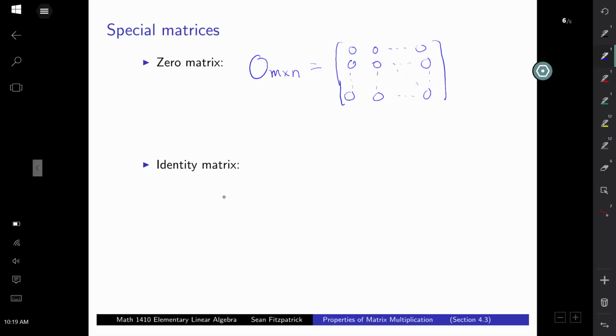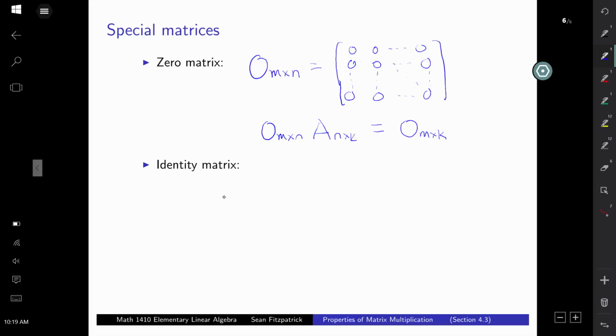But it's also true that if I take the m by n zero matrix and I multiply by any other matrix, say n by k, multiplication by 0 gives me 0. But notice that the size might vary. If I take an n by k matrix and I multiply by the m by n zero matrix, I get a zero matrix, but it's of size m by k.